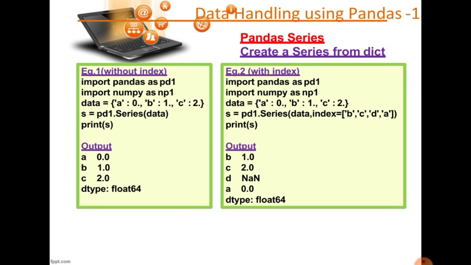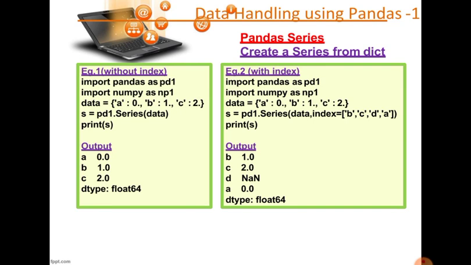Example 2, with index. import pandas as pd1, import numpy as np1. data = {'a': 0, 'b': 1., 'c': 2}. s = pd1.Series(data, index=['b', 'c', 'd', 'a']), print(s).